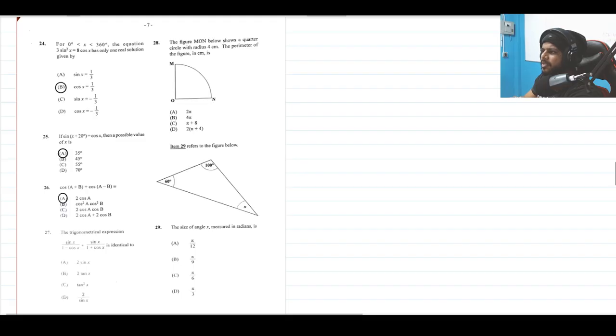Cosine of a plus b is cos a cos b minus sine a sine b, and cosine of a minus b is cos a cos b plus sine a sine b. You cancel with you. Cos a cos b plus cos a cos b is 2 cos a cos b.